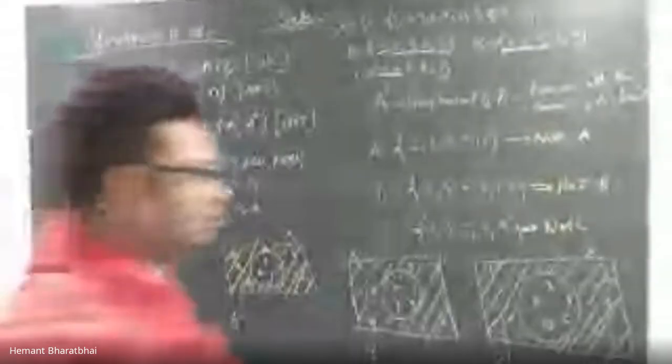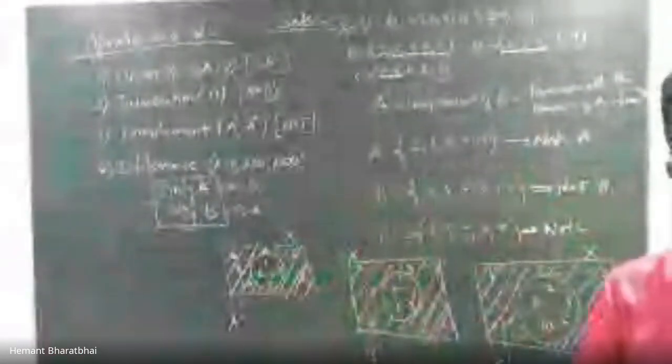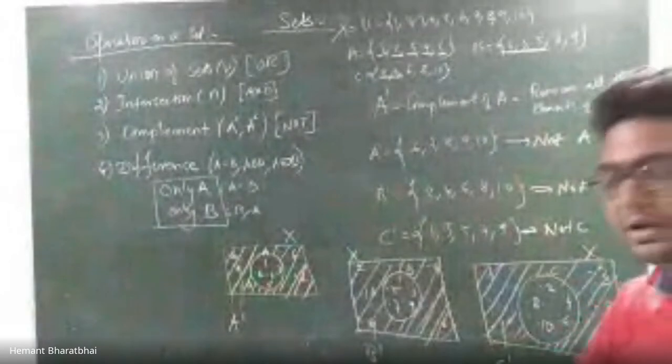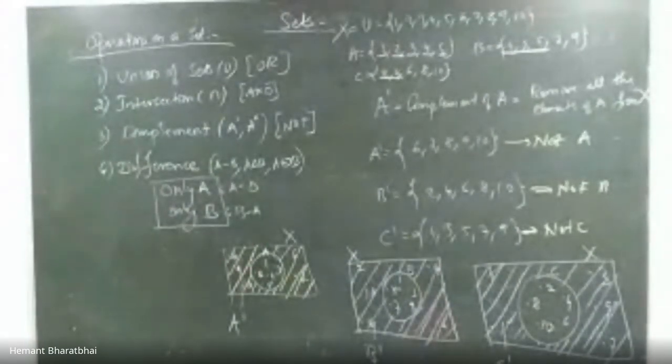It doesn't matter if you write A, B, C, D, whatever you like. The Venn diagram for the operation will always remain the same. You can see one is shaded with yellow color, one with pink color, and one with blue color. You can observe that the same region is shaded in all the cases.